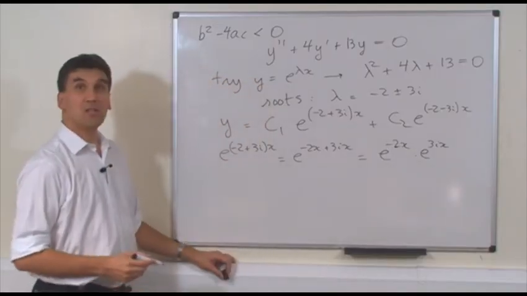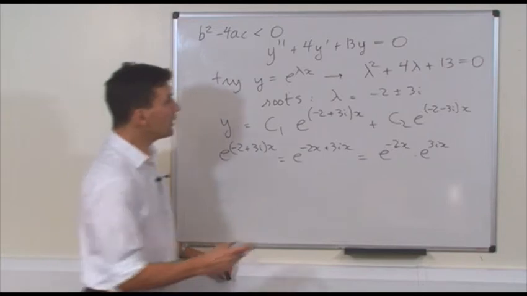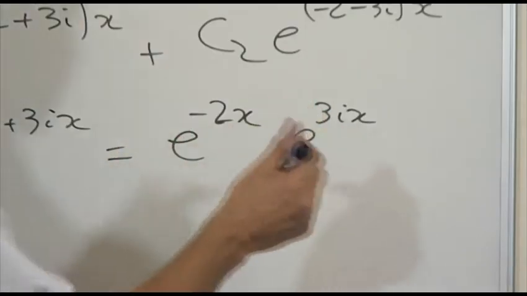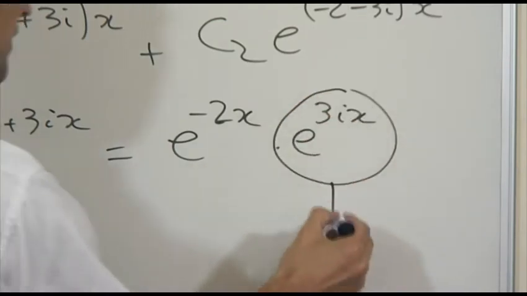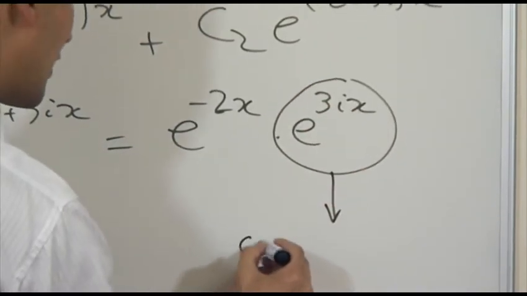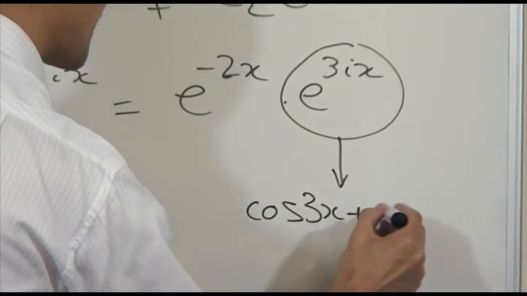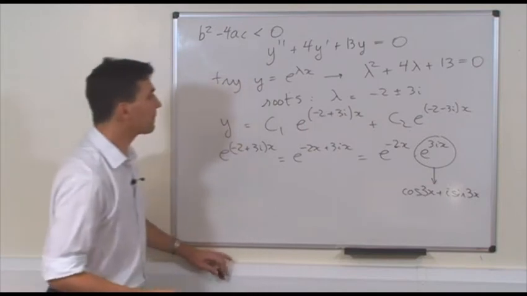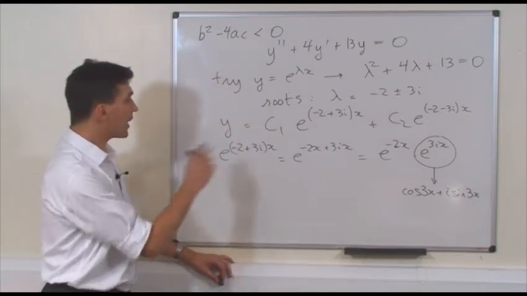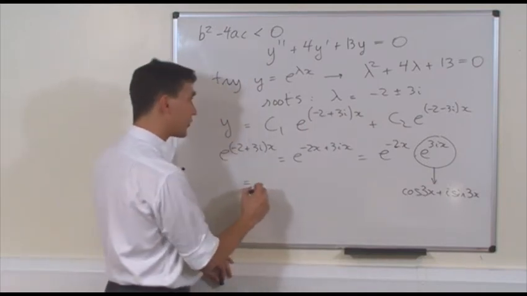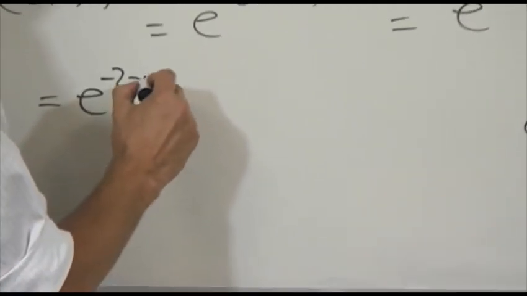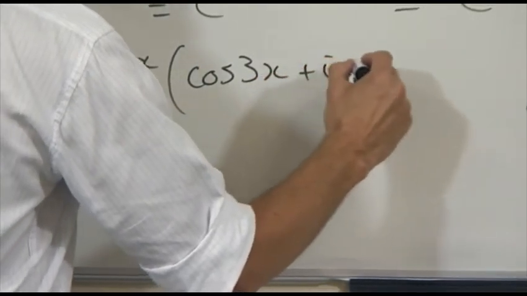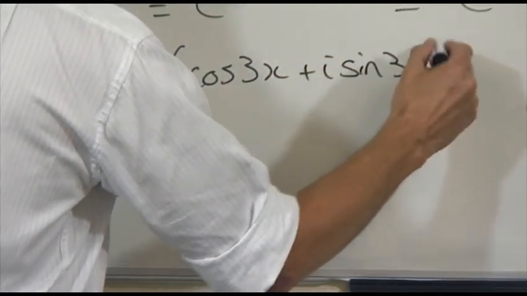And now this is where we use Euler's formula. e to the minus 2x is perfectly sensible as a real function. e to the 3ix, we'll write that as cosine of 3x plus i times the sine of 3x. So this function here then is equal to e to the minus 2x times cosine 3x plus i times sine of 3x.